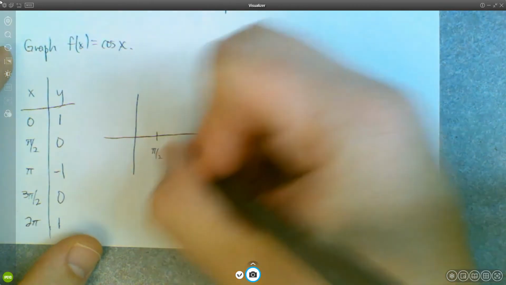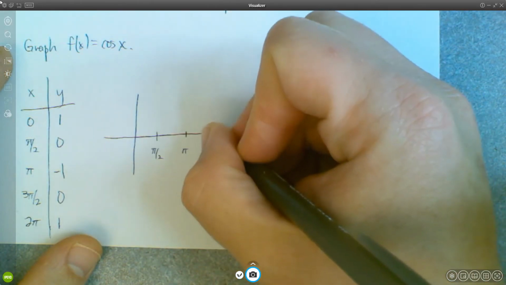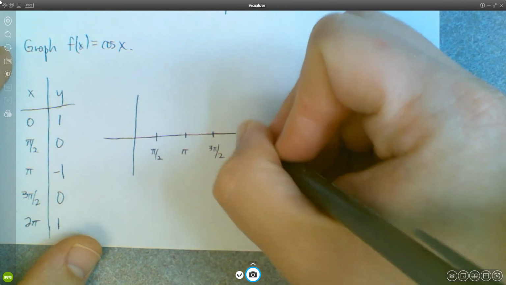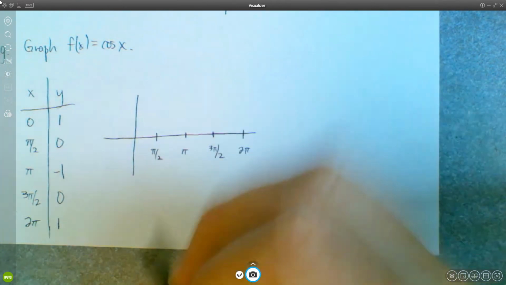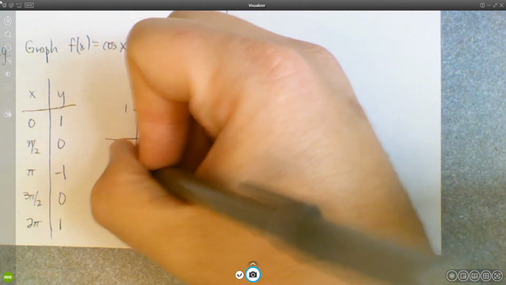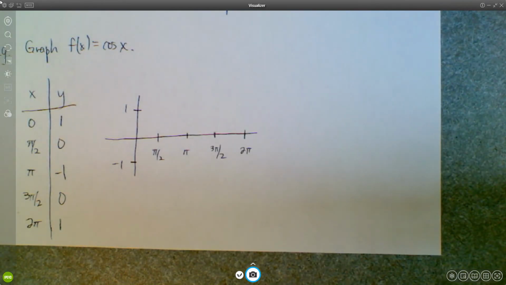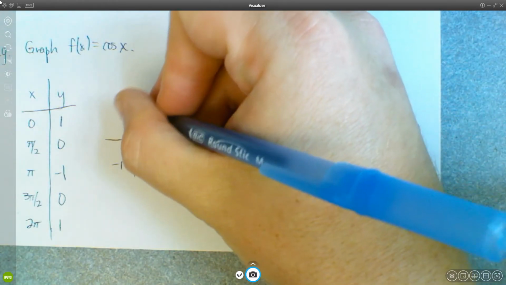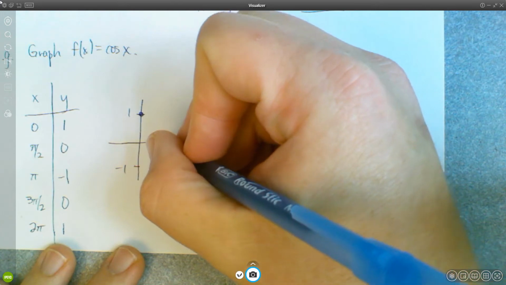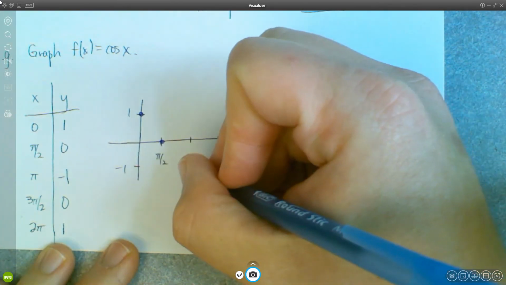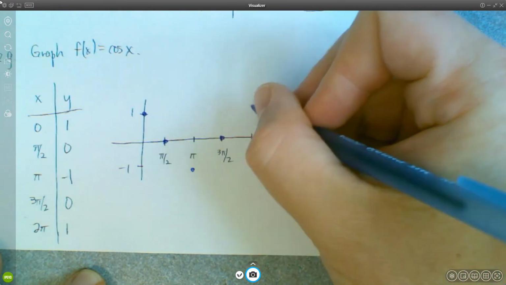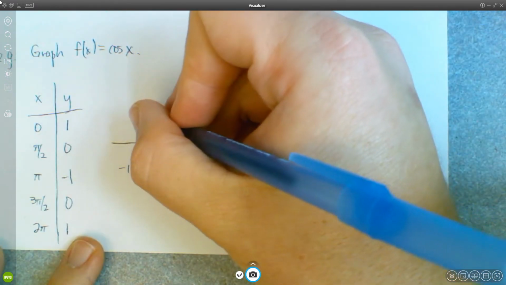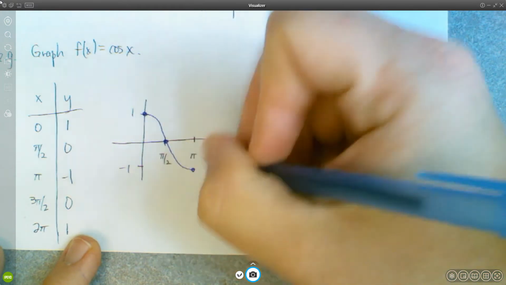Pi over 2, pi, 3 pi over 2, and 2 pi. 1, -1. And what do we have? This time we're starting up here at 0, 1. Then we go down to pi over 2, 0. And then pi, -1. And then 3 pi over 2, 0. And then 2 pi, 1. So it's looking kind of like this.